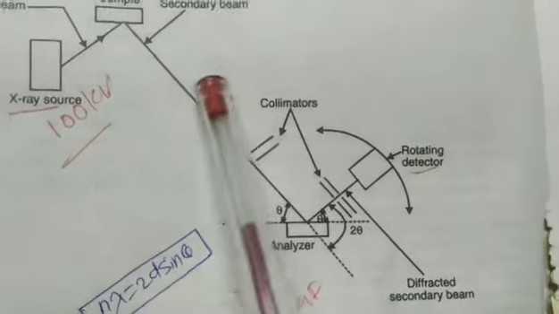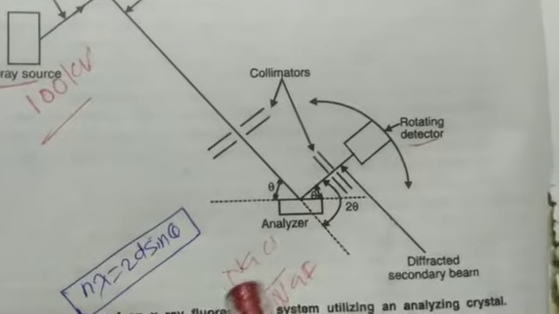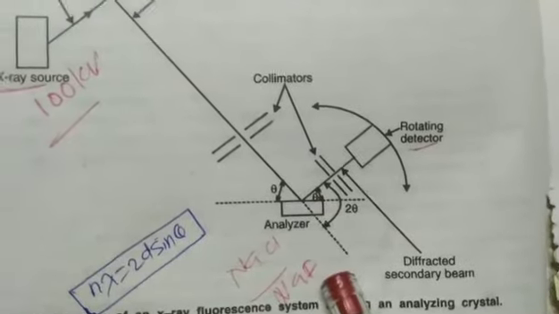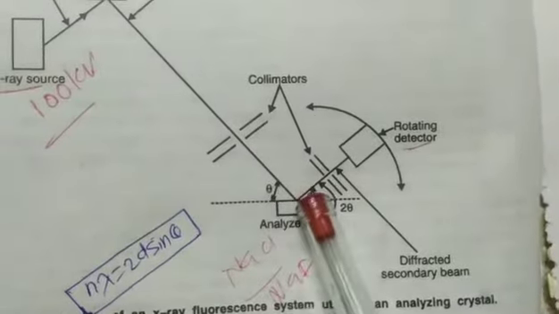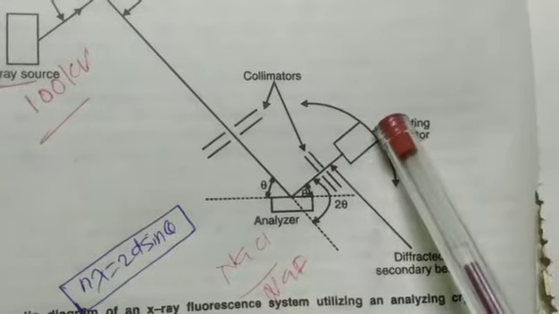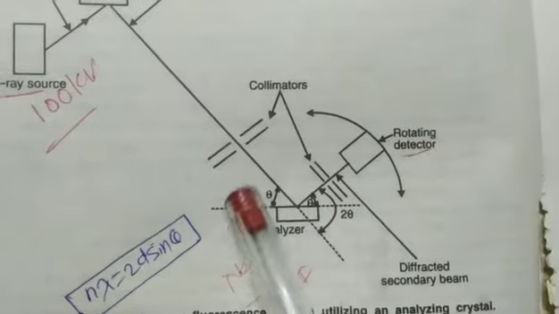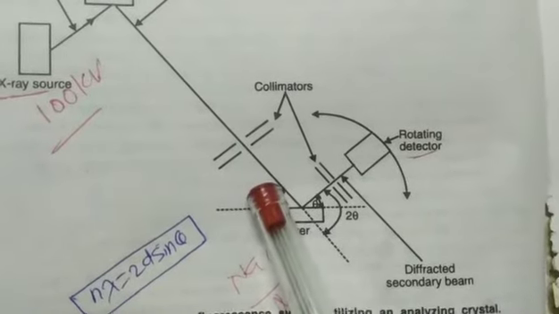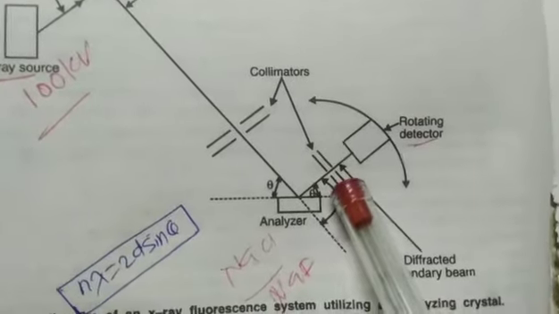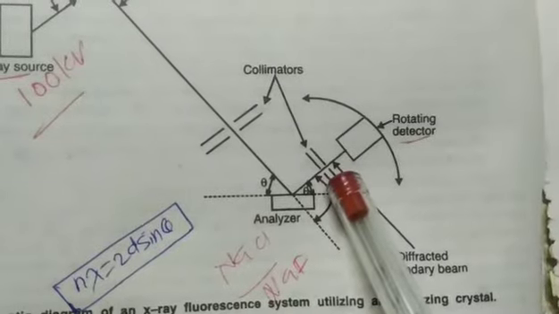When an X-ray fluorescence beam falls on the crystals of NaCl or NaF, there is diffraction of the X-ray beam. Here is the angle of incidence theta, and here is the angle of diffraction theta.